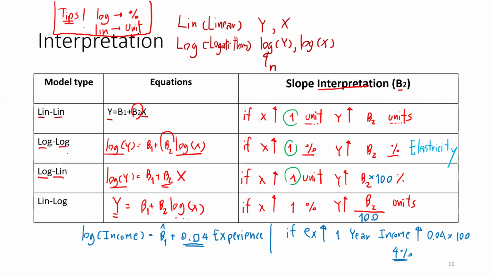One more example. How about income equals beta 1 plus 40,000 experience?